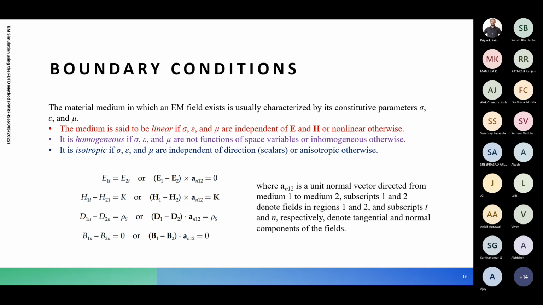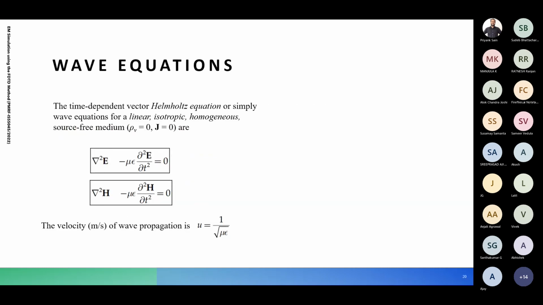Okay, so we'll move forward to the wave equations. The time dependent vector Helmholtz equation, or simply the wave equations, for a linear isotropic homogeneous source free medium is given by this particular set of equations.